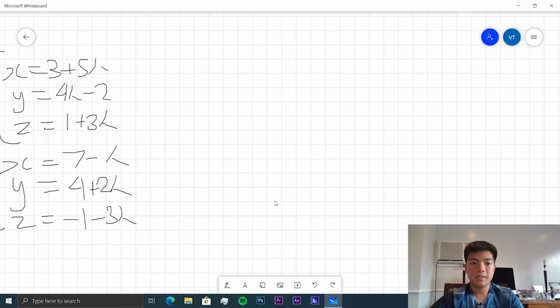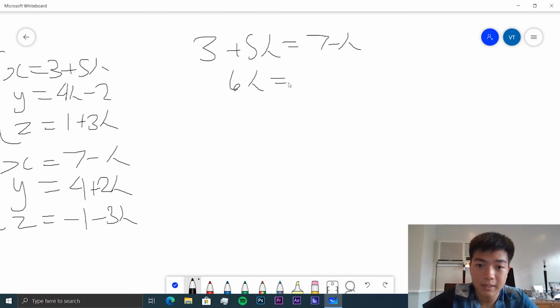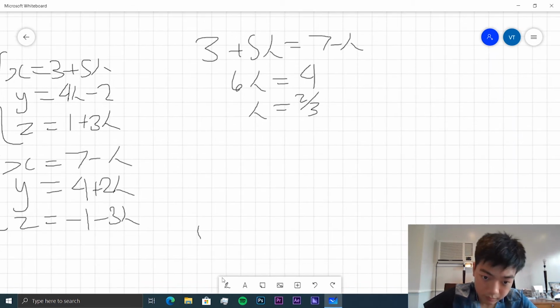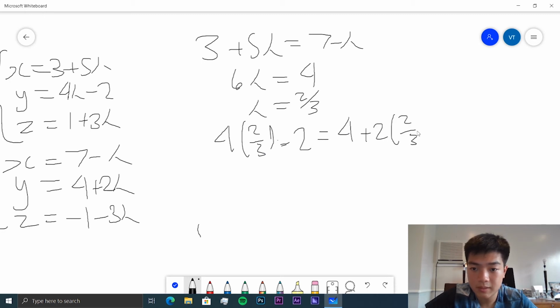So anyways, from this we can try equating them. If we have 3 plus 5 lambda is equal to 7 minus lambda, we have 6 lambda is equal to 7 minus 3, 4. Lambda is equal to 2/3. So let's try. We need to check whether 4 times 2/3 minus 2 is equal to 4 plus 2 times 2/3.